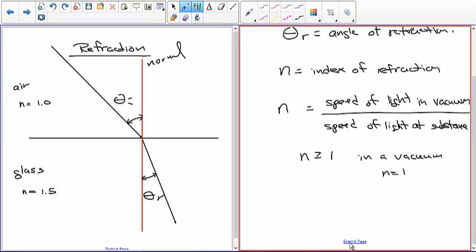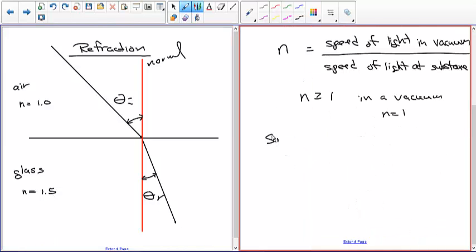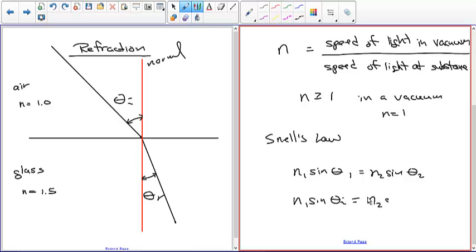So the result is called Snell's law. It says that N1 times the sine of theta 1 is equal to N2 times the sine of theta 2. You could also say it's N1 times sine of theta incidence, in our case here, equals N2 times the sine of theta refraction.